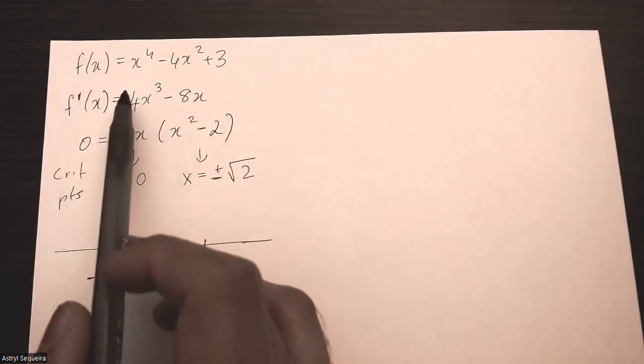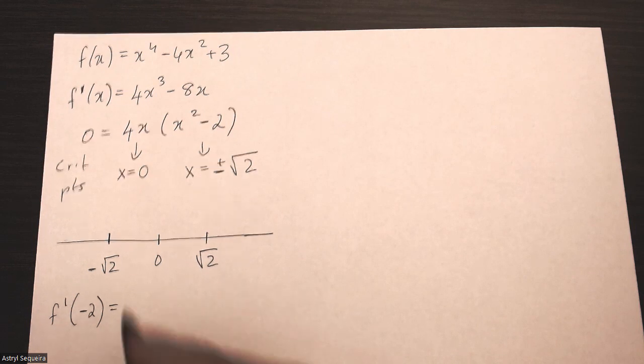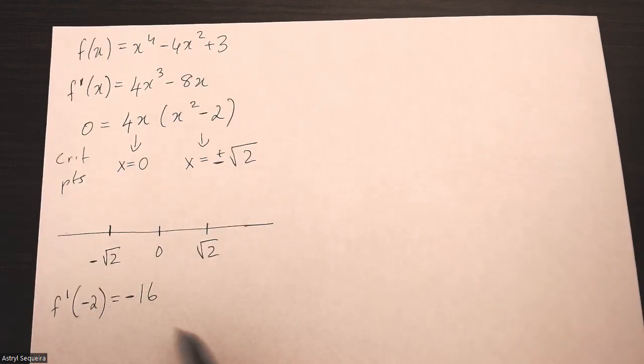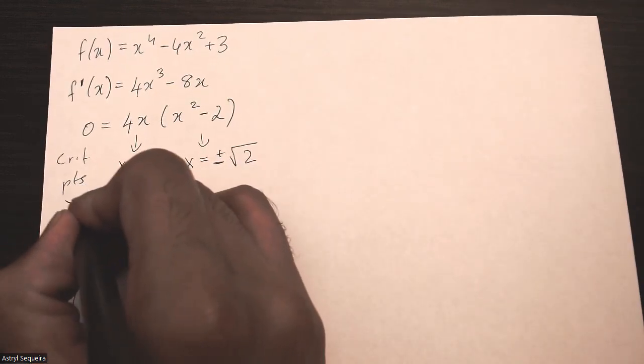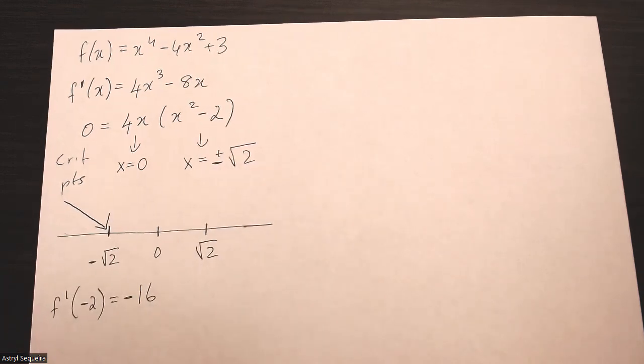I'm going to sub this in my derived equation here. I'll do this in my calculator. 4 times negative 2 cubed minus 8 times negative 2 is negative 16. So this is a negative value. It means it's decreasing. So I'm going to draw an arrow going downwards.